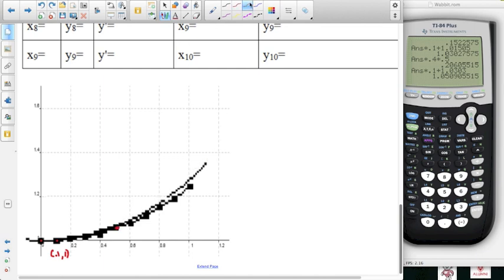This is the actual function itself right here. And as you can see, as we connect these linear approximations that we get when we do Euler's method, these linear approximations are starting to deviate from that actual function.